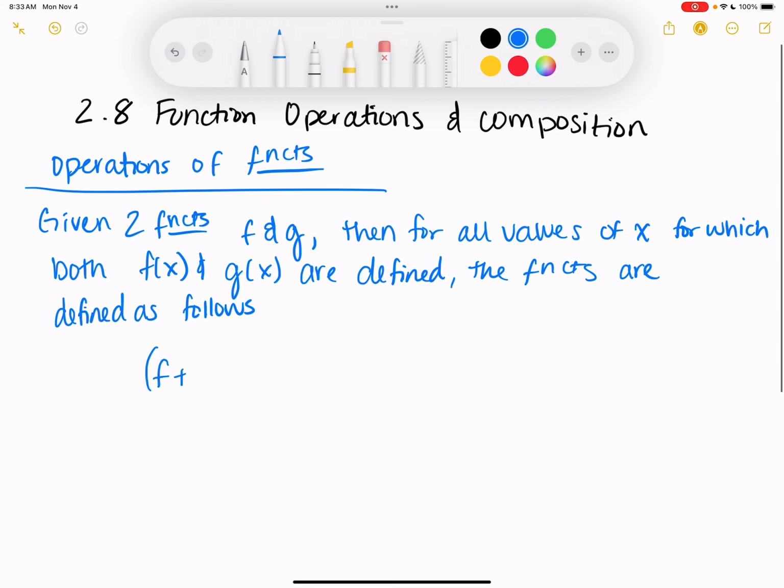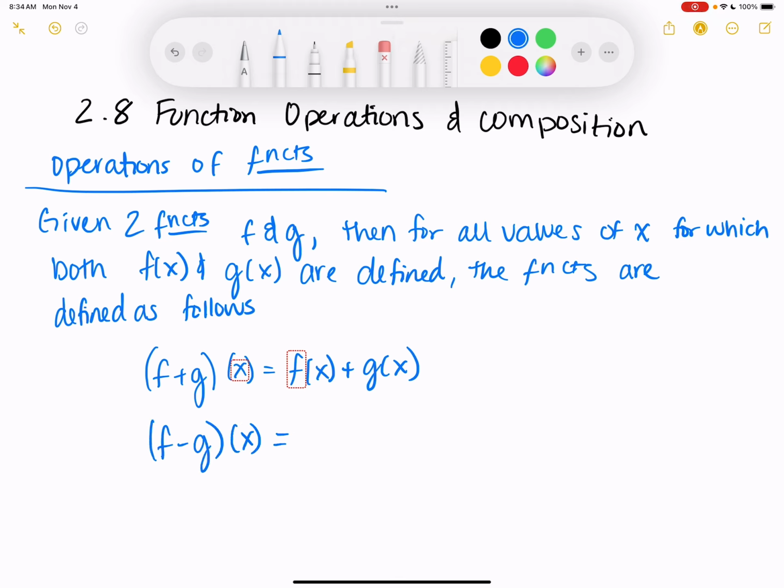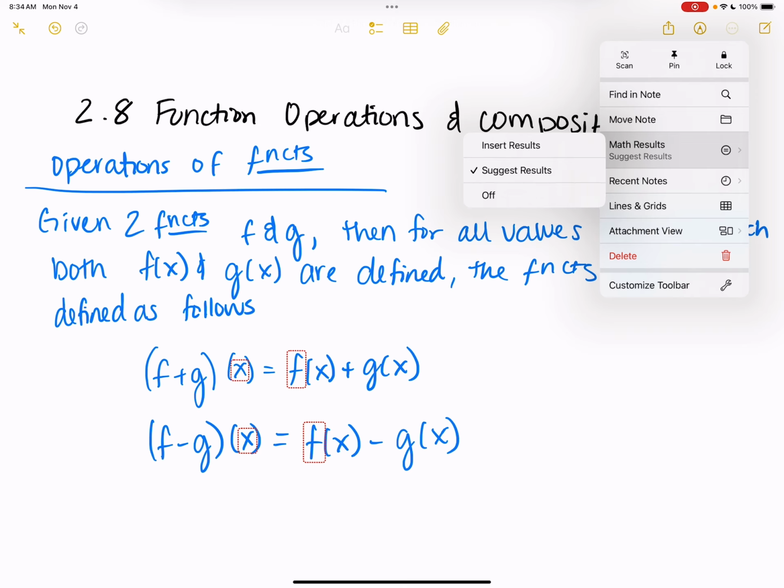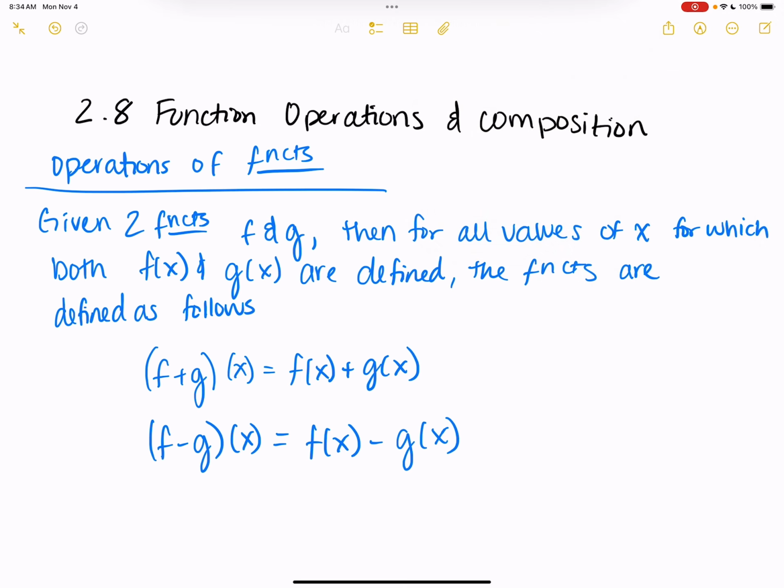f plus g of x is the same as f of x plus g of x. f minus g of x is equal to f of x minus g of x. f times g of x is equal to f of x times g of x.